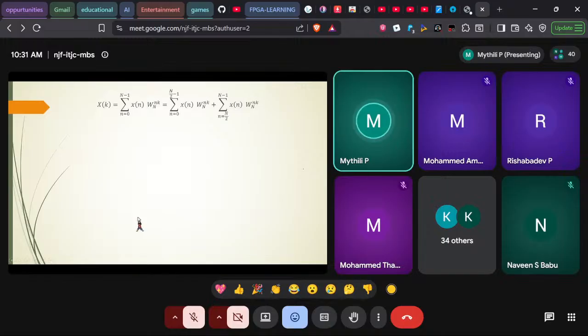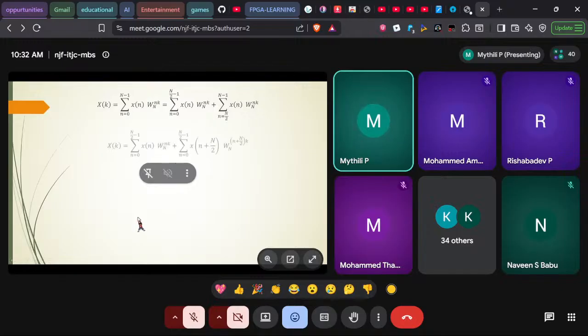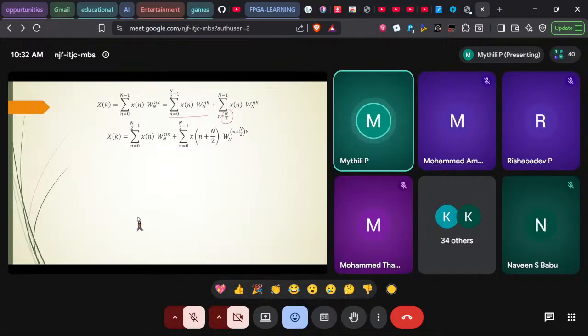So mathematically, you can see here, the first summation goes from 0 to N by 2 minus 1. The second summation goes from N by 2 to N minus 1. First half, second half. That's the difference. The first half is okay. For the second half, the summation starts from N by 2, so we want to make it start from 0, that is 0 to N by 2 minus 1.